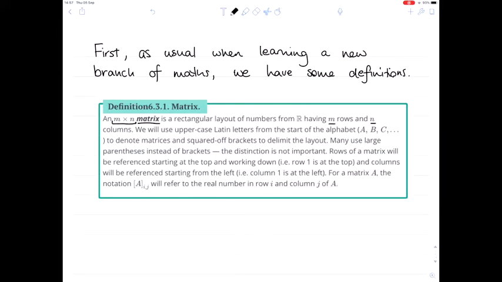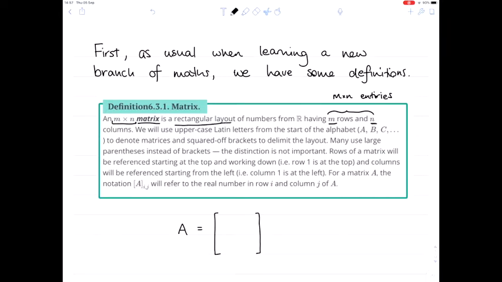So from this you can work out that it has m times n entries in our rectangular array. The way we would typically write a matrix, we usually use a capital letter to name it and some square brackets to denote the matrix, and then we write our entries in.